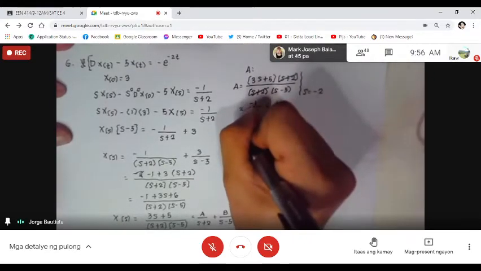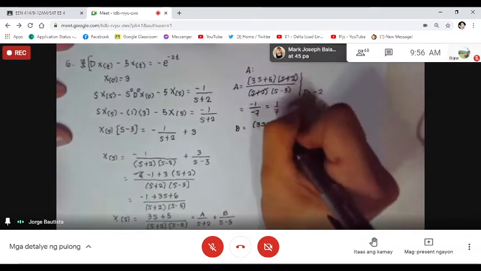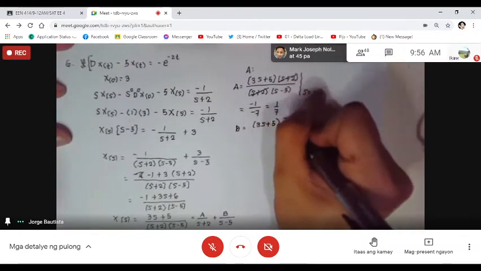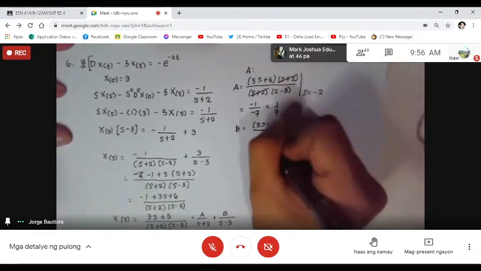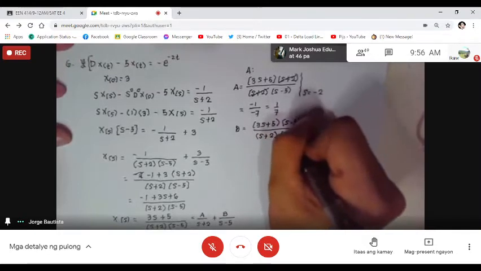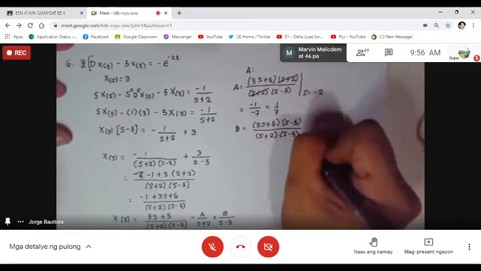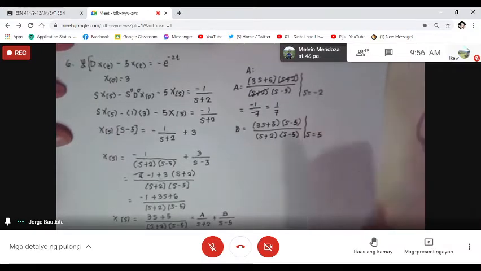And yung B naman, that is 3s plus 5 multiplied by s minus 5, all over s plus 2, s minus 5, taking s to be equal to positive 5.